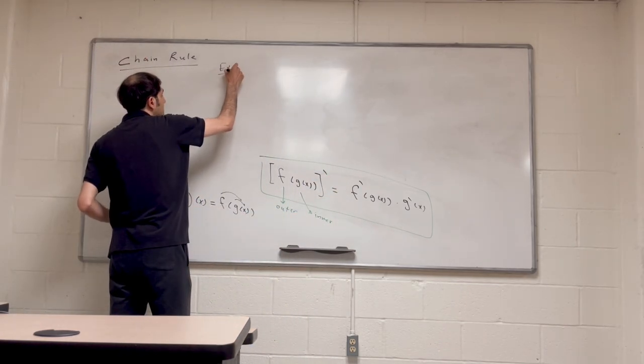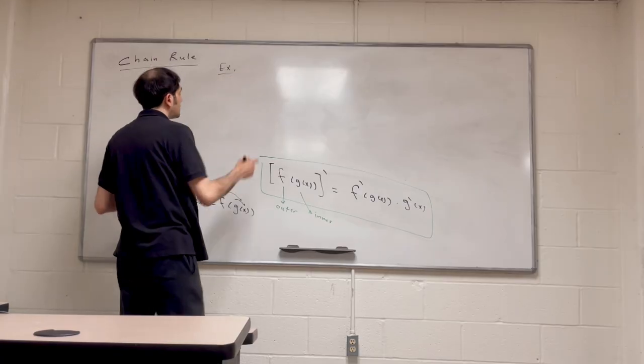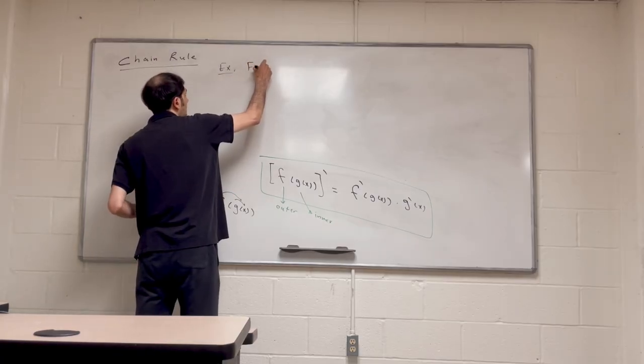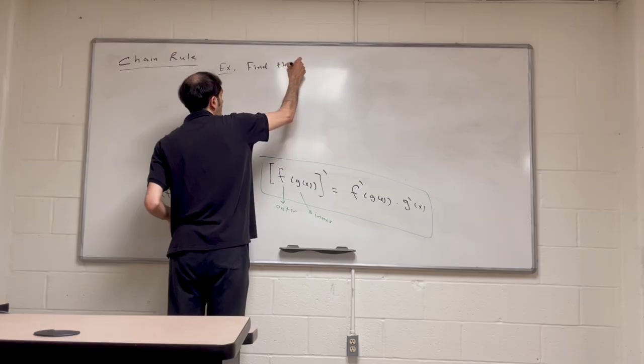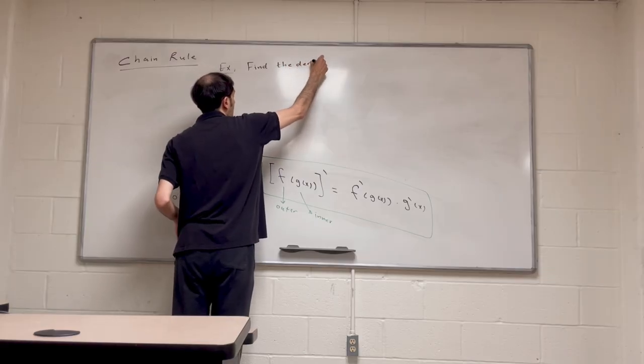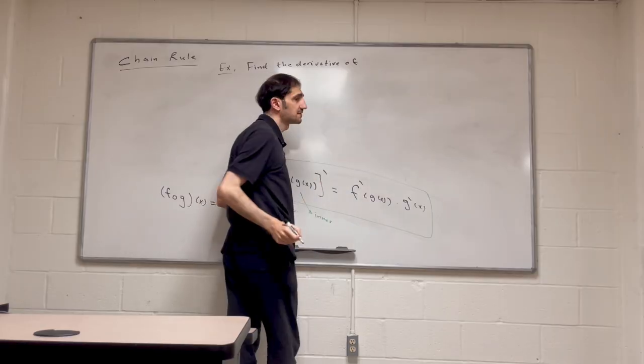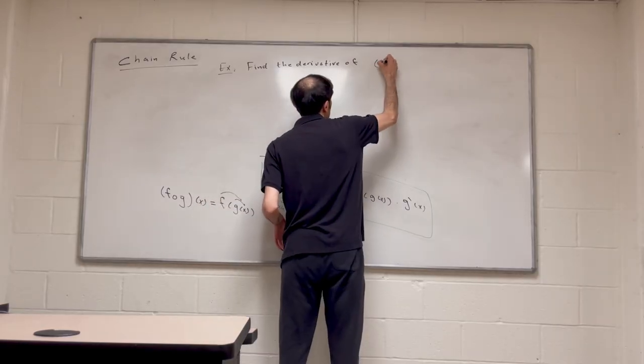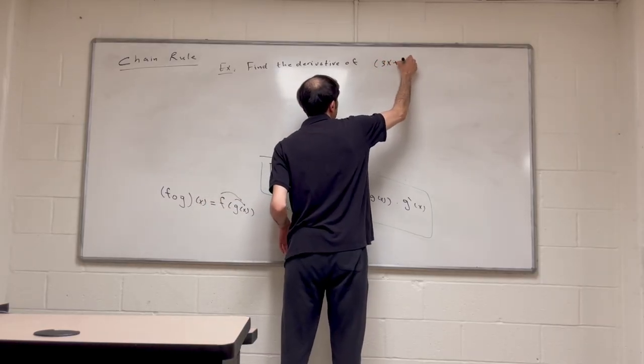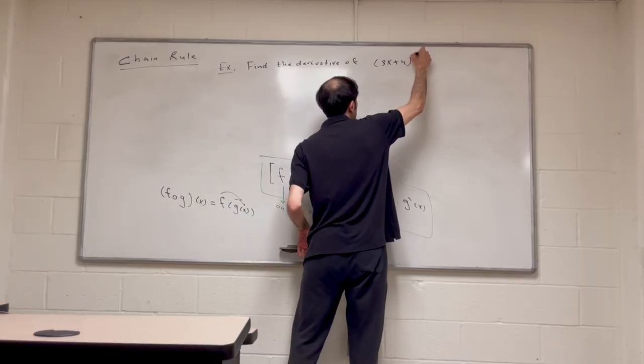For example, someone is asking me, find the derivative of the following polynomial, 3x plus 4 to the power of 5.